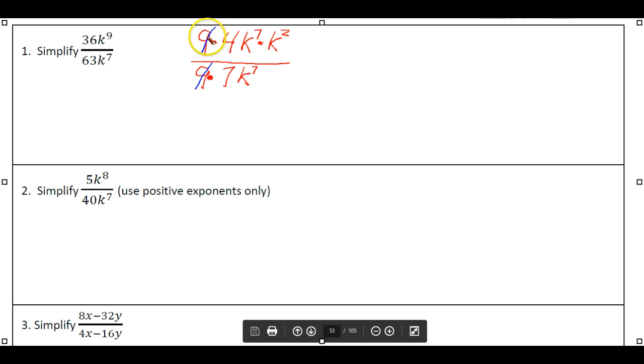That would be a 1. And what I did with the k to the 9th, I factored it into k to the 7th times k to the 2nd. I did that because my bottom was k to the 7th. So now these are 1s, and we get the answer 4k to the 2nd over 7.